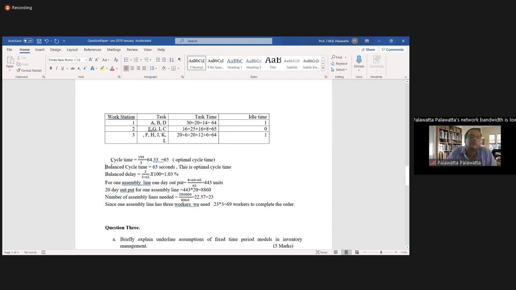So this is for 1. And then balance delay. You see, you have 2 seconds idle time. Divide by 3 times 65 multiplied by 100. So you get 1.03%.